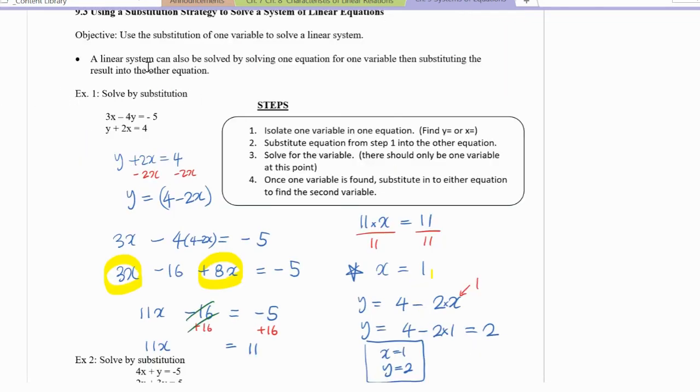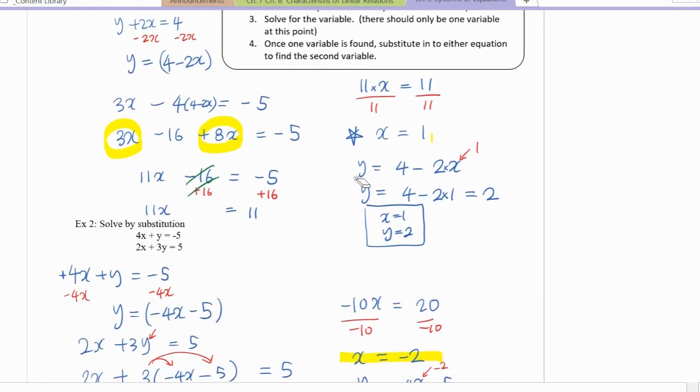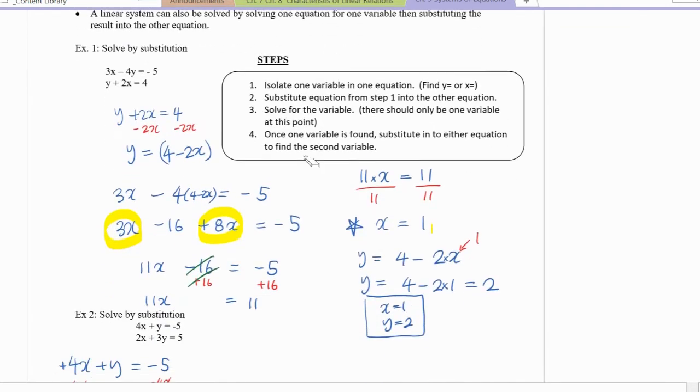So we learned how to graph linear equations in the last chapter. There are more than a couple methods to solve systems of equations. One of the methods is finding the answer using substitution, or you can also find the answer using a graph.